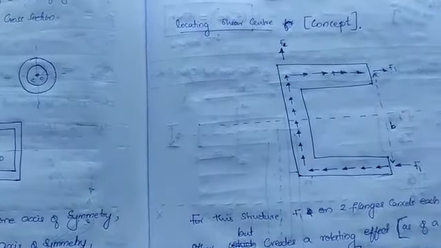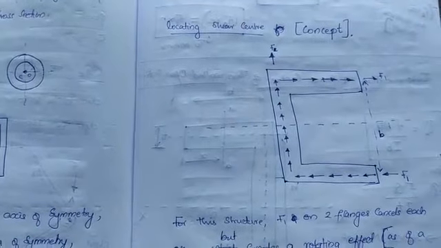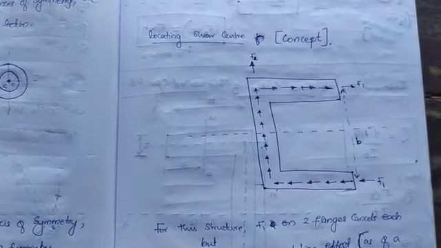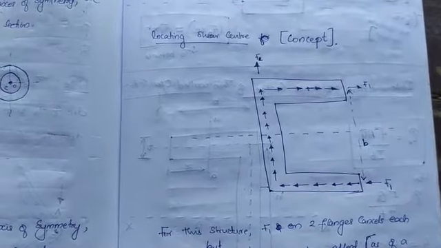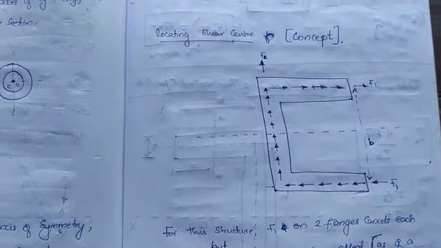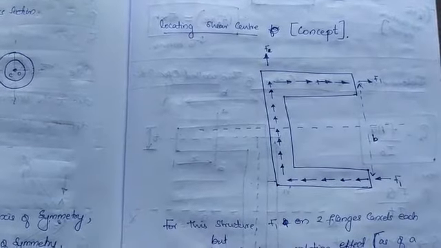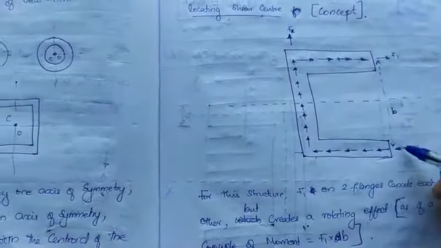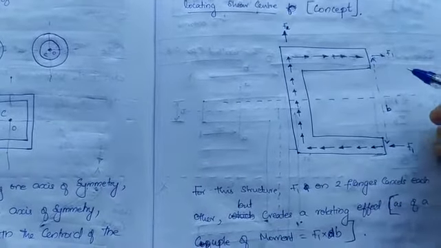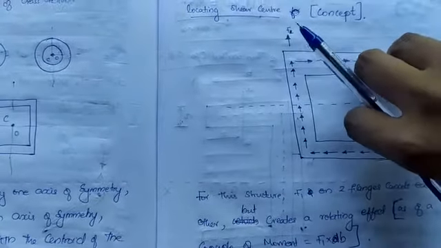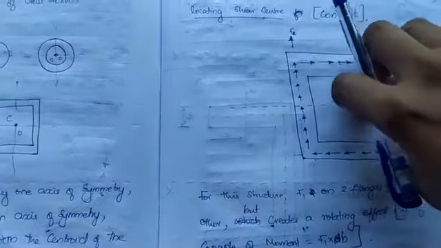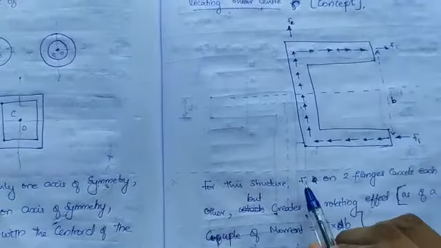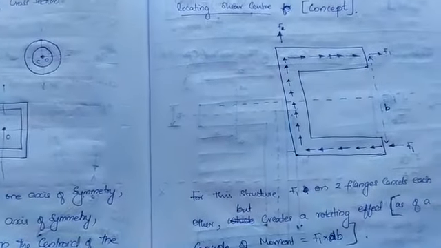Clear? So two forces which are equal in magnitude, opposite in direction, and separated by a distance provide a couple. So for this system you have a couple acting, which gives a rotation in the clockwise direction, as well as a force.